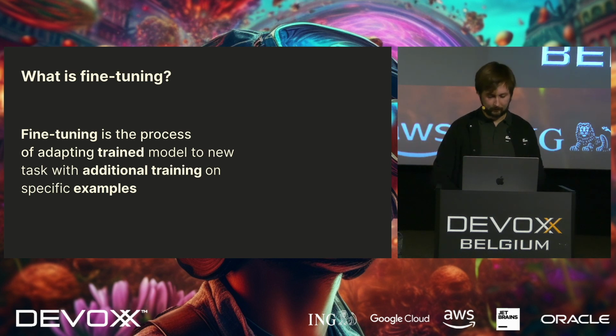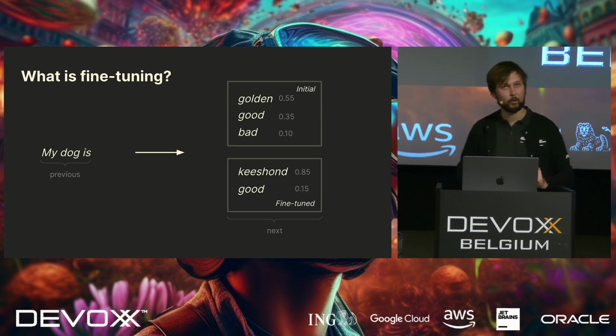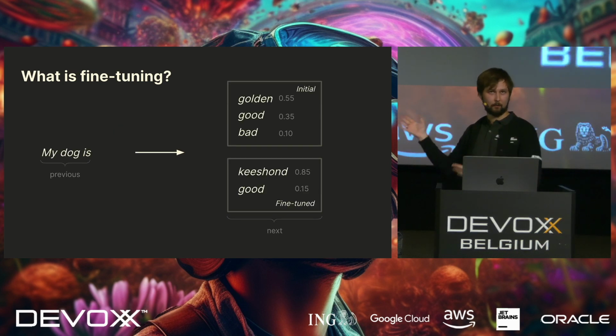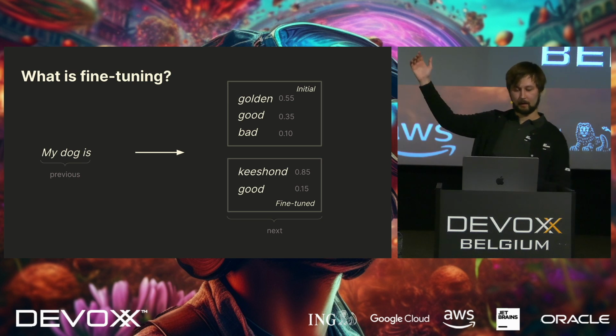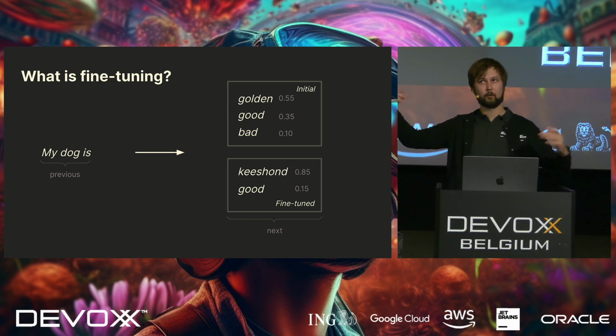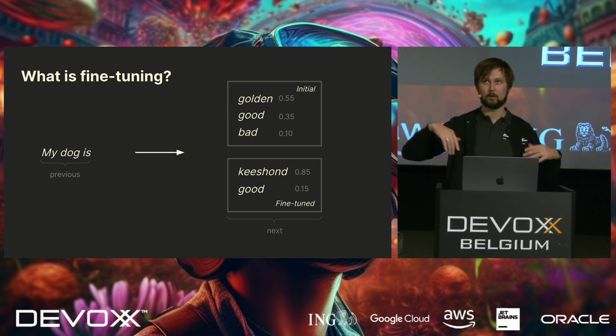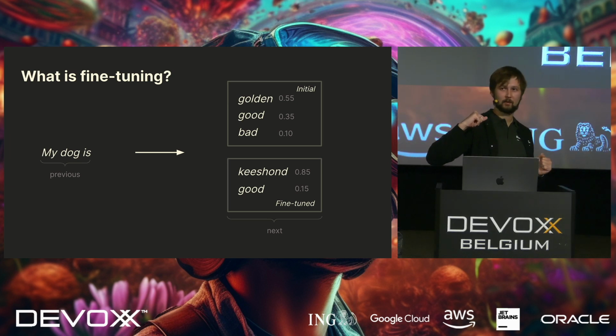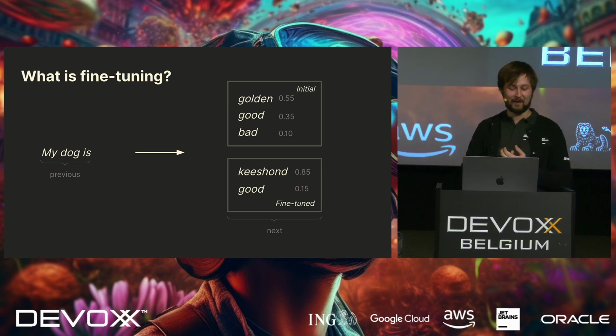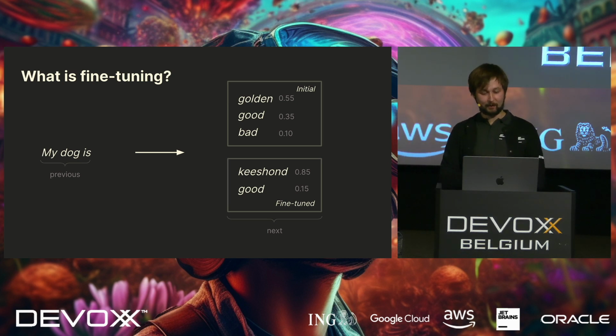A very simple example based on dogs, once again. For example, I have my language model trained to say that my dog is a golden. But for some reason, I have changed the dog to a Keeshond. Does anyone know what a Keeshond is? Yeah, quite a lot of folks. Okay, so a Keeshond is a completely different breed of dog.